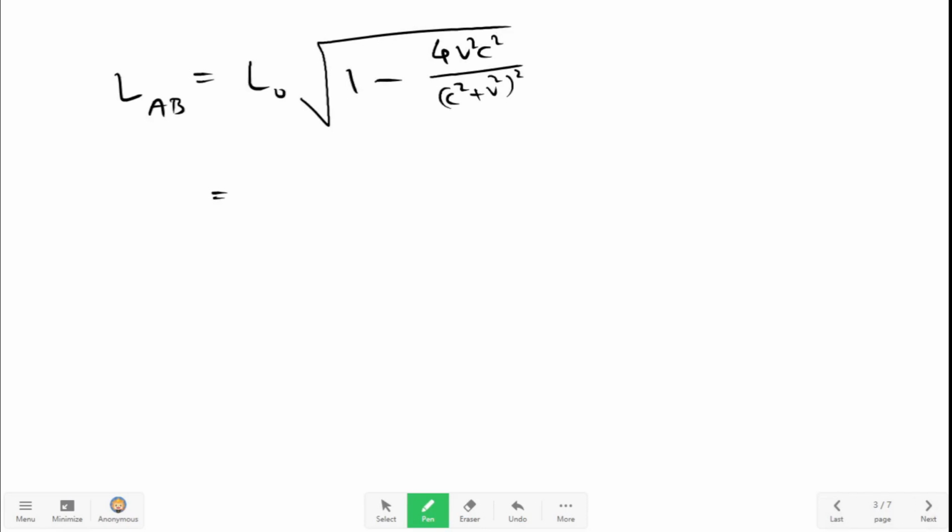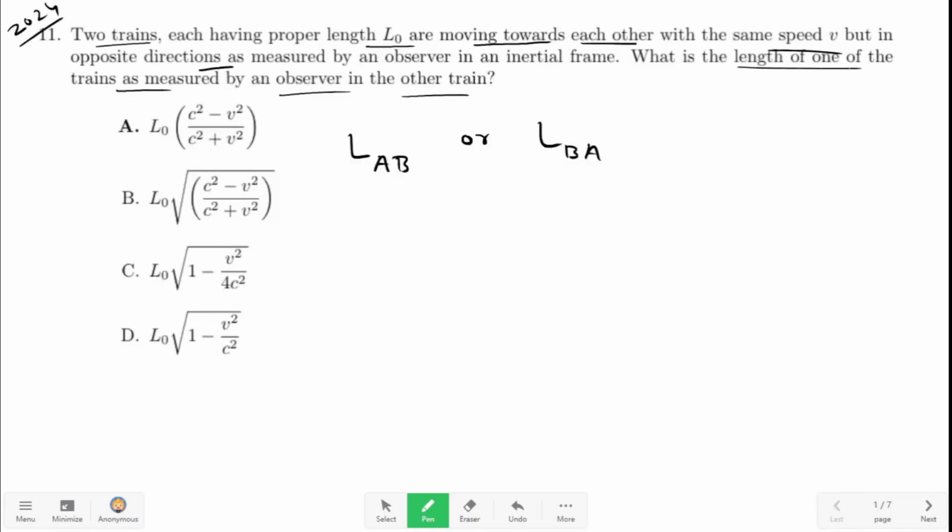This is equal to, what are the given options here? One minus V square divided by 4C square is not correct. Option C and D are not correct.